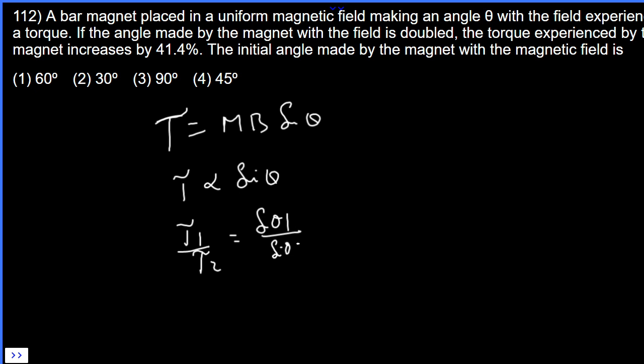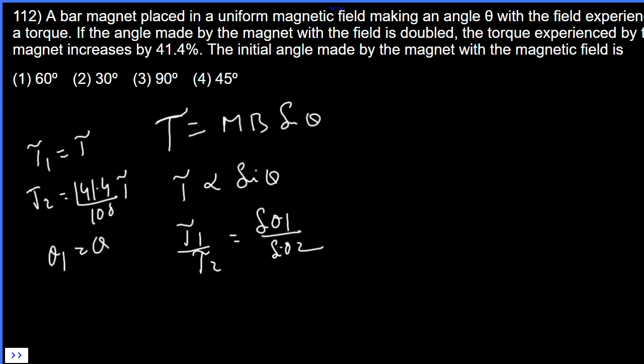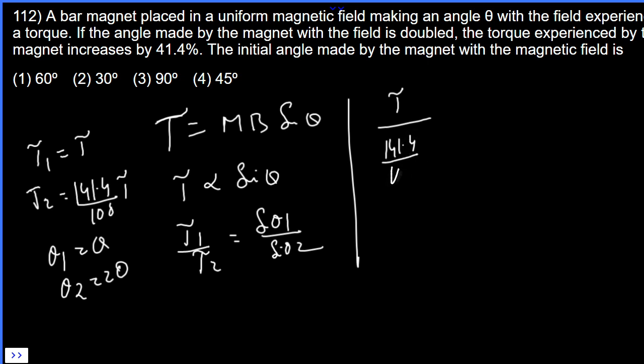According to the problem, tau 1 is tau and tau 2 increases by 41.4%, that means it becomes 141.4 by 100 tau. Theta 1 is theta and theta 2 is doubled.